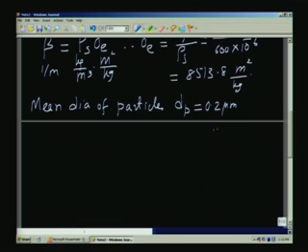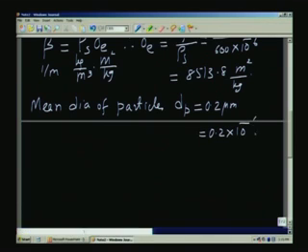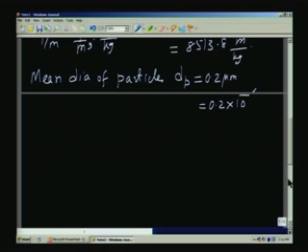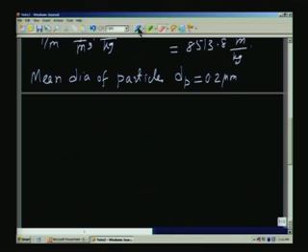So, that will be 0.2 into 10 to the power of minus 6 meter.